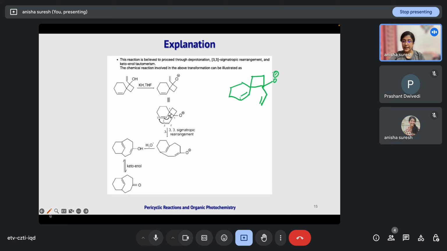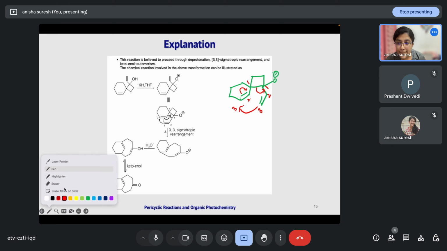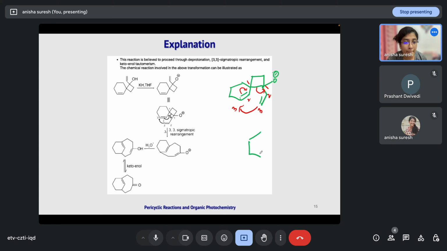So it can be drawn like this: 3, 2, 1, 3, 2, 1. So a 3,3 sigmatropic rearrangement will take place, and the resulting ring will be 1, 2, 3, O minus, double bond.